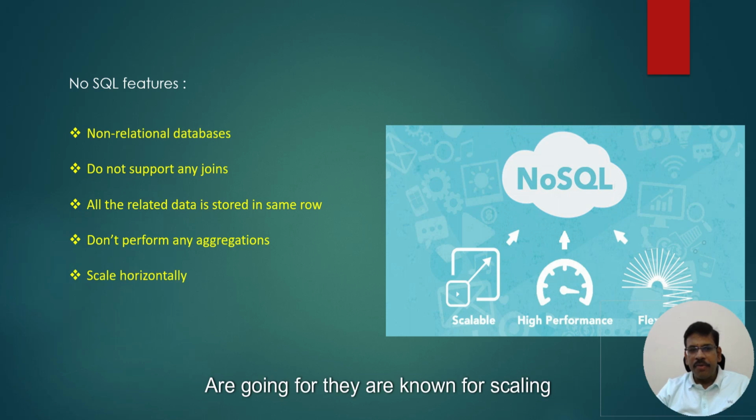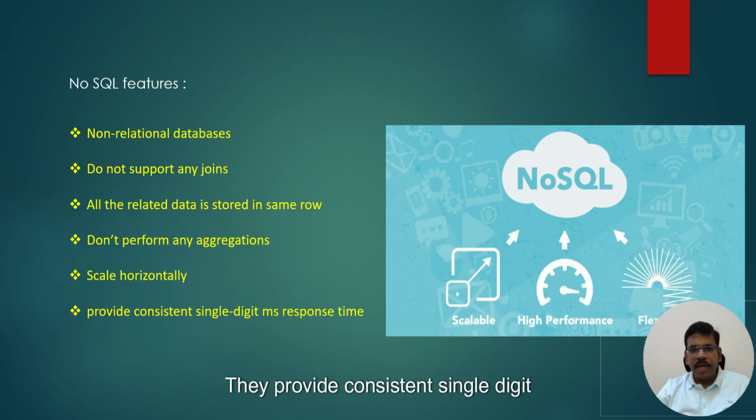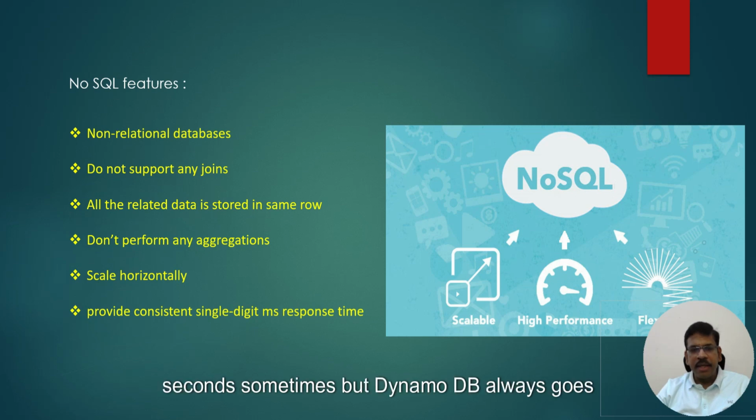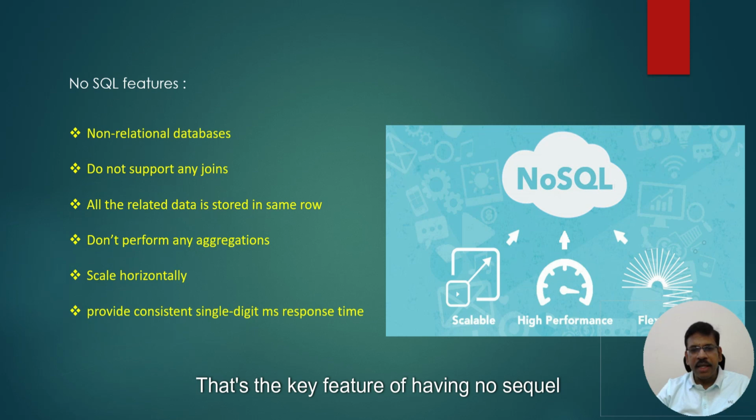And they are known for scaling horizontally. They provide consistent single digit millisecond response time. Let's say when you have a complex SQL query that returns maybe in 30 seconds or 20 seconds sometimes, but DynamoDB, or a NoSQL type of database, always goes with single digit millisecond response time. That's the key feature of having NoSQL databases.